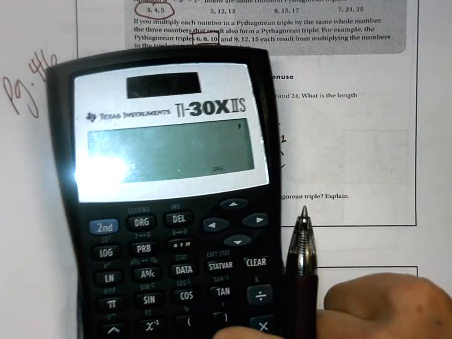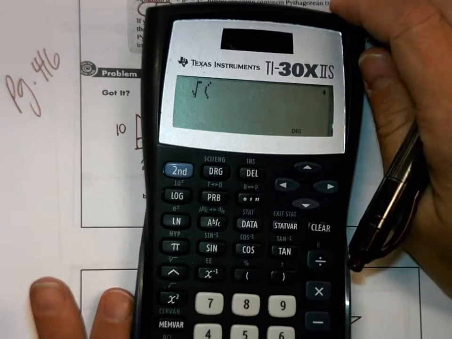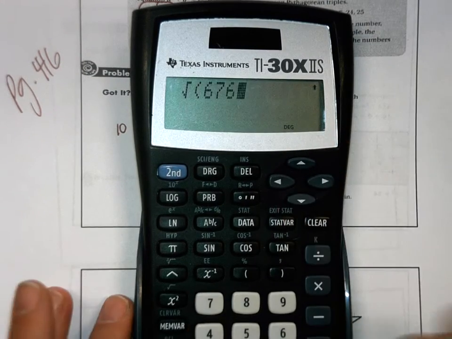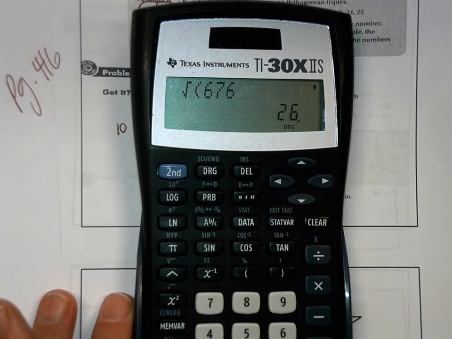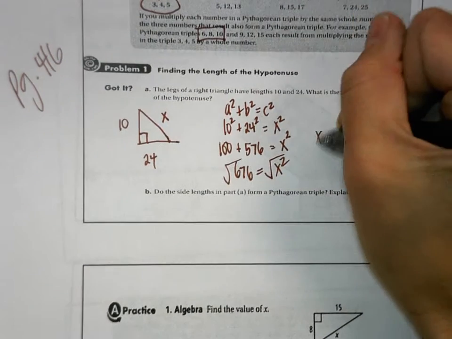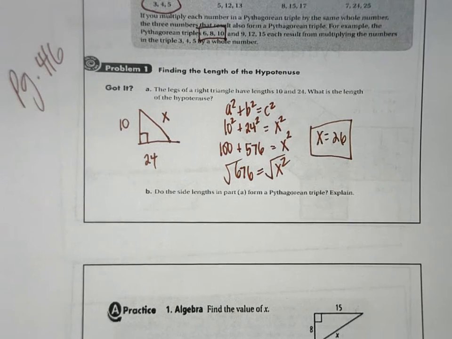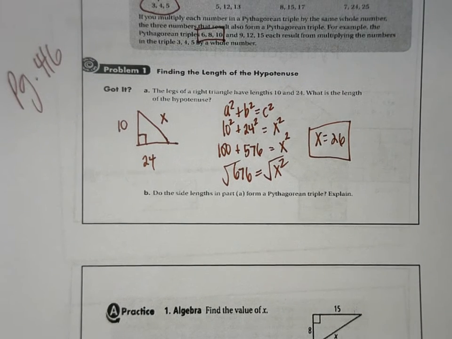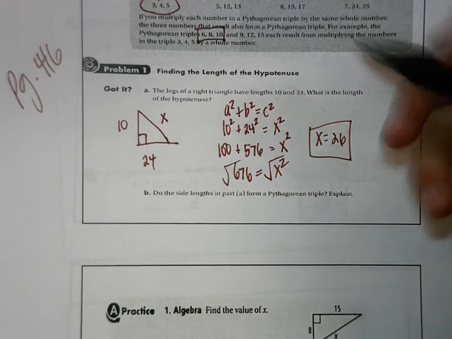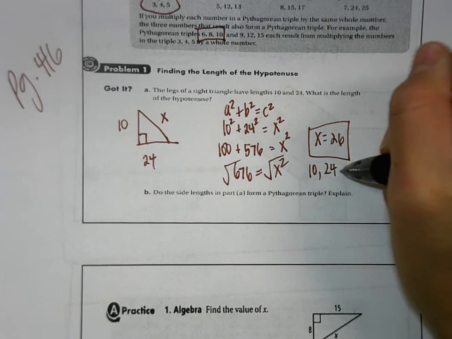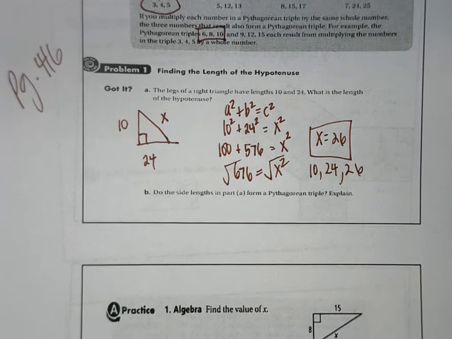In your calculator, you have to get the square root symbol in there. If I type in 676, I get the answer of 26. So x equals 26. This means that this is a Pythagorean triple. So that's 10, 24, 26.